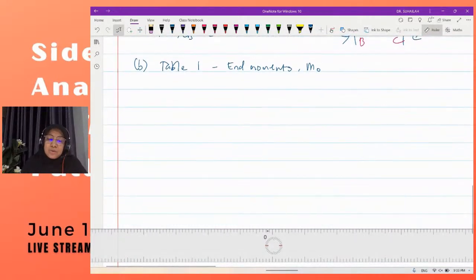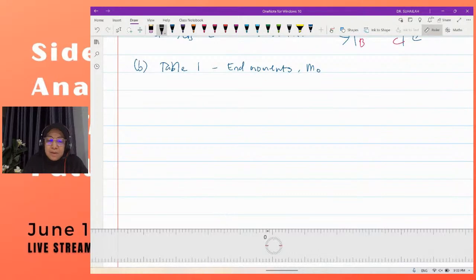We will have a list of members, starting with the joint members: AB, BA, BC, CB, CD, DC. So we have joint A, joint B, joint C, joint D.